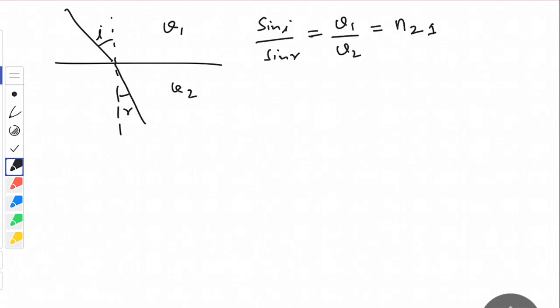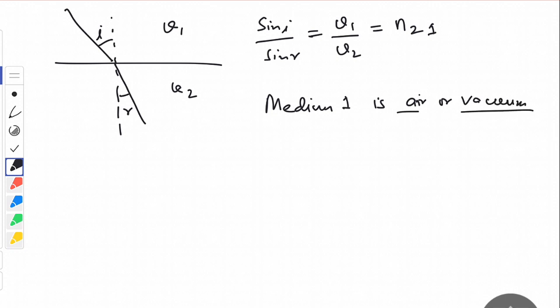Now let us take a case where medium 1 is either air or vacuum, and both have almost the same speed.